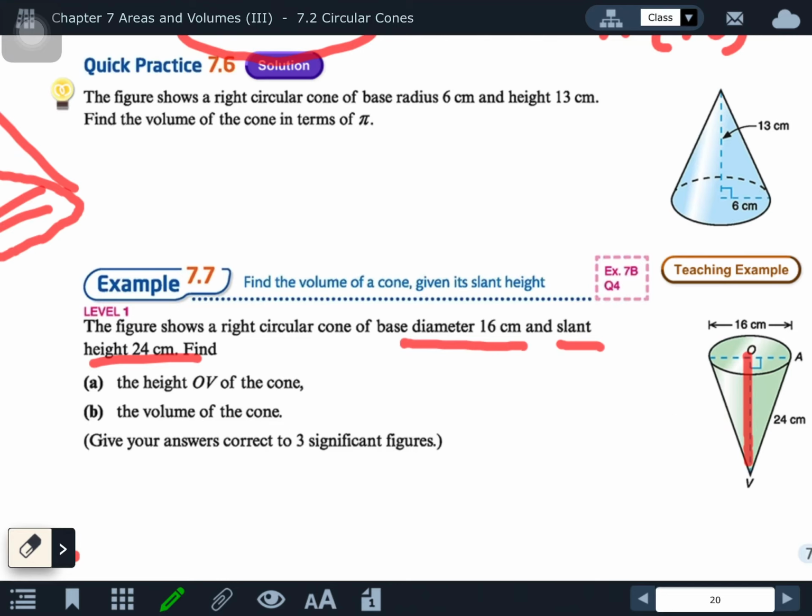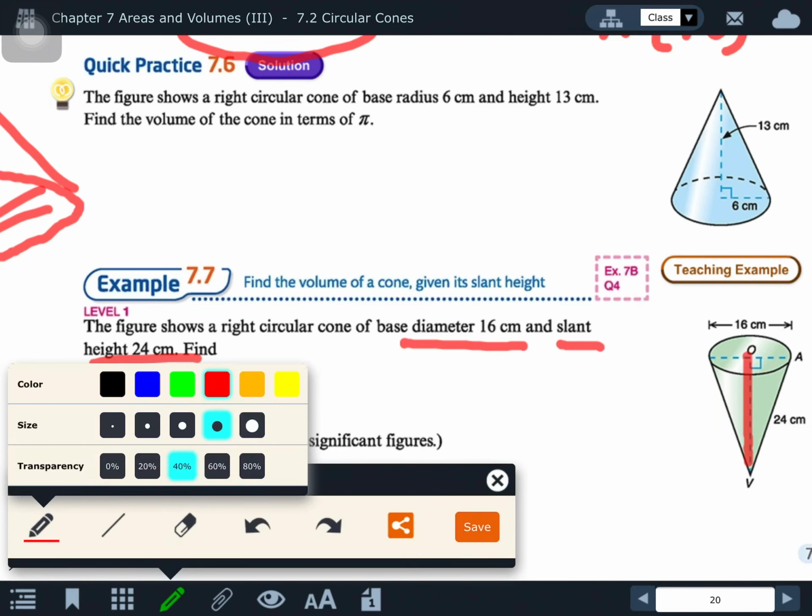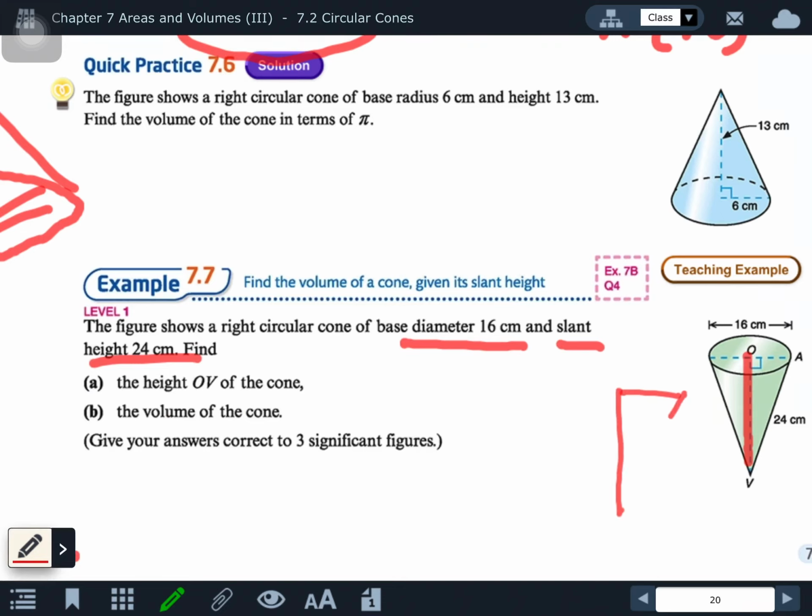So I'm now showing you this for the triangle OAV: O, A, and V. For this triangle, we take it out. You can see there is a right angle at O for this triangle VOA.